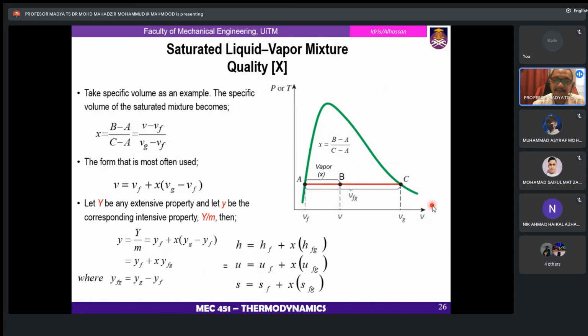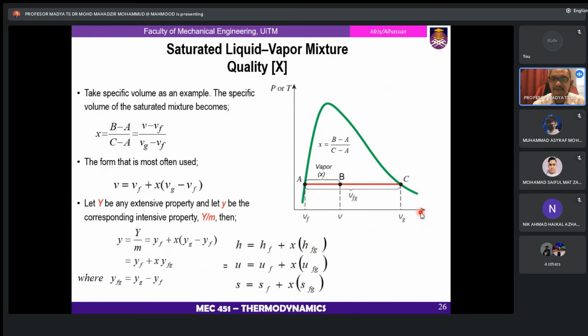If we use enthalpy, the value you need to find is based on the formula: enthalpy h is equal to hf plus X hfg.